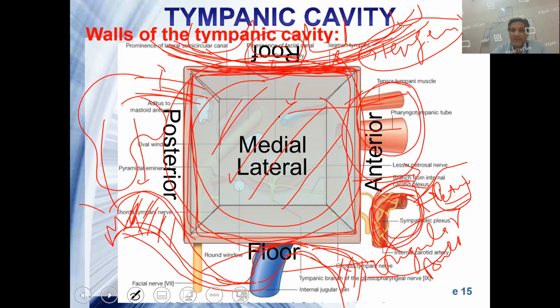This is this canal, and you can see the impression of the muscle here itself. So the upper opening in the anterior wall is the canal of the tensor tympani, and the inferior, larger one is called the eustachian tube. We already discussed. So the anterior wall of the middle ear has two openings. The superior one is called the canal of the tensor tympani, and the inferior is the eustachian tube proper.